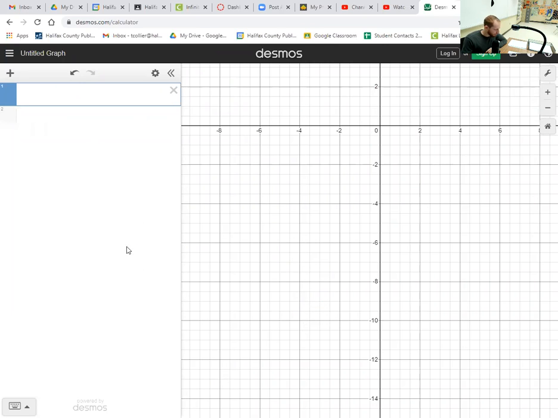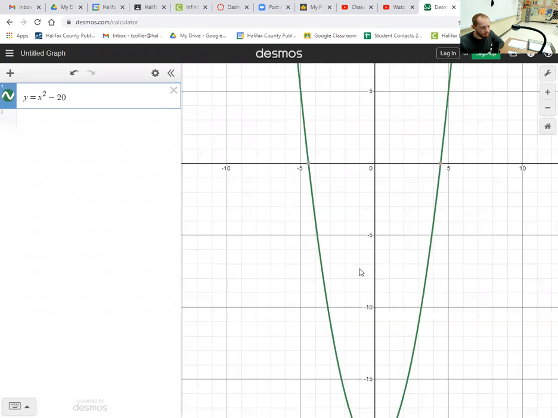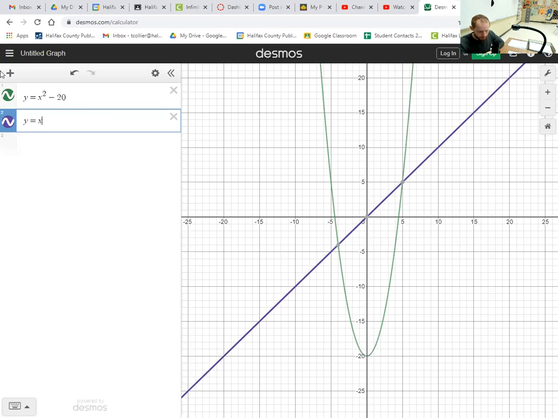So the top equation was y equals x squared minus 20. Okay, good. I'll have to zoom out for that one. There we go. That's my U shape. And then the bottom equation should be my line. So y equals x minus 8.